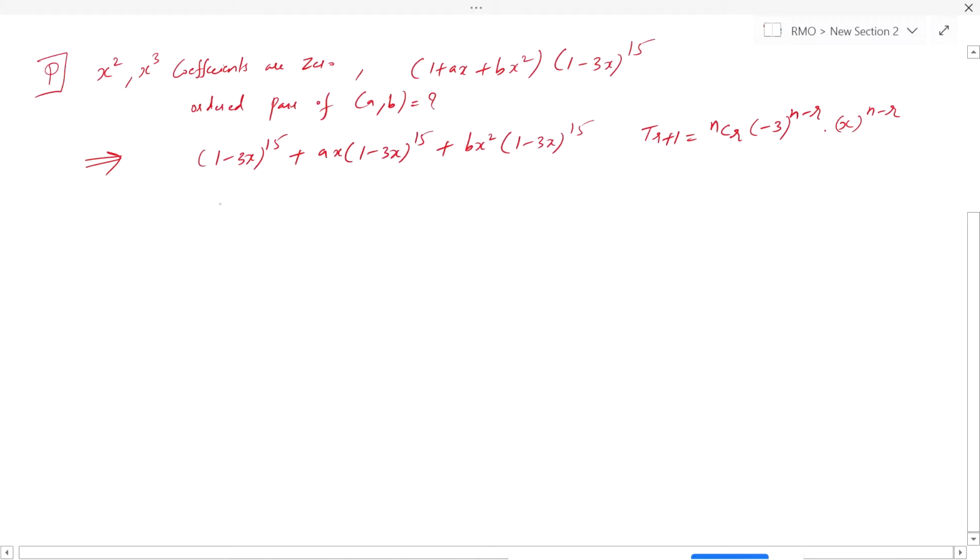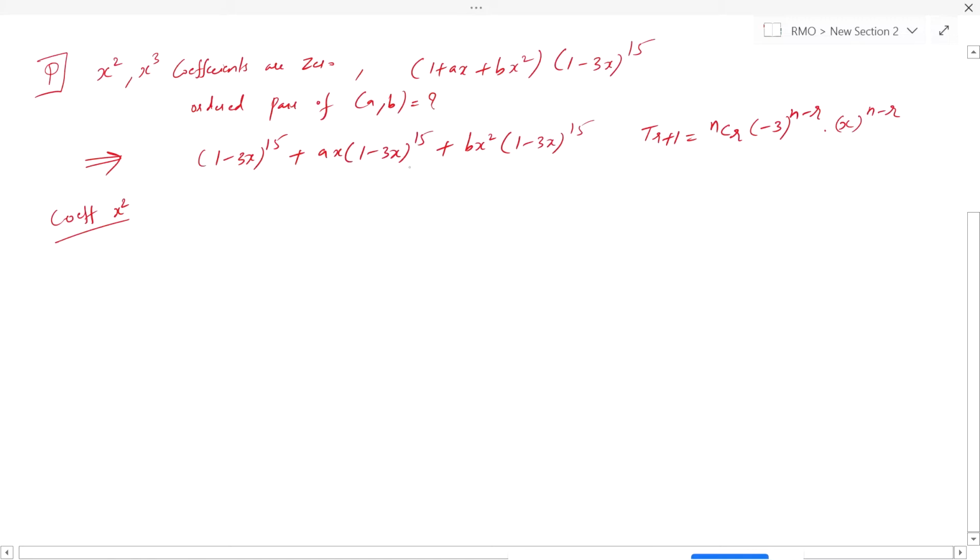So the coefficient of x square is 0, so what will come in this? First let's do this condition, coefficient of x square. So first, what will be the coefficient of?